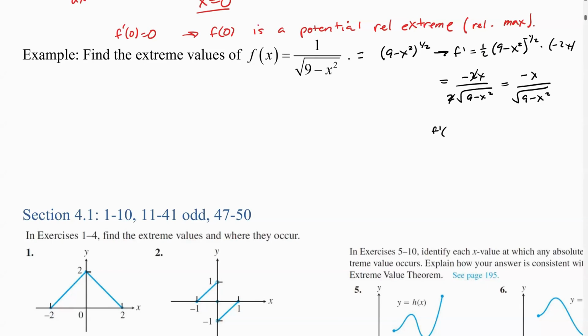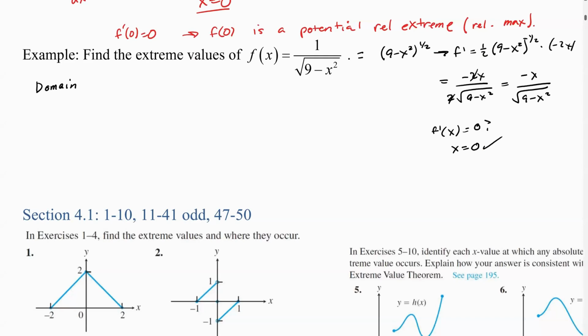Does the derivative equal 0 anyplace? Sure does. It equals 0 when x is 0, because I get my numerator to be 0, but my denominator is non-zero. So there's a place that may be interesting to us. Okay, what's the domain of this function?